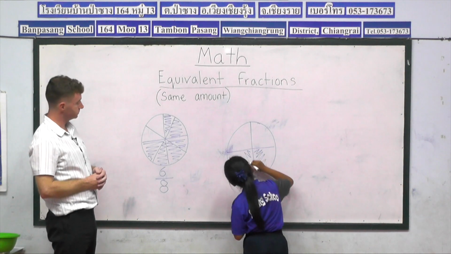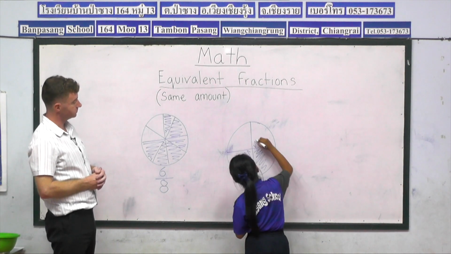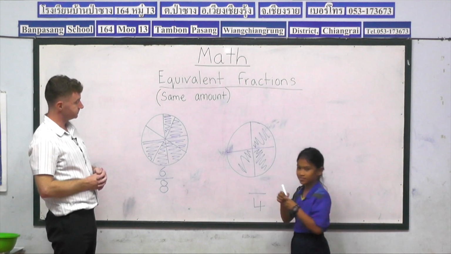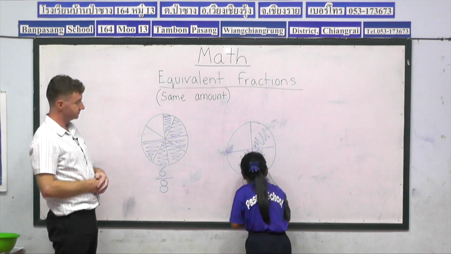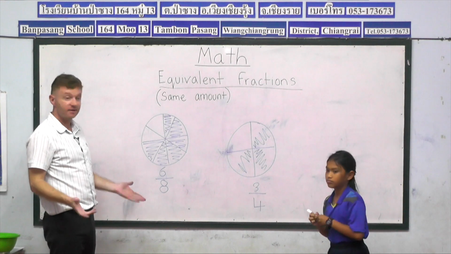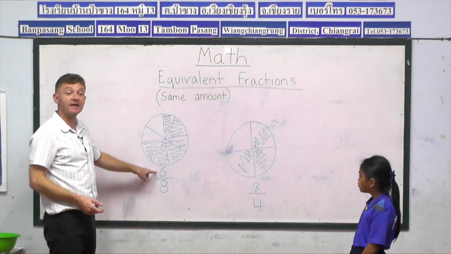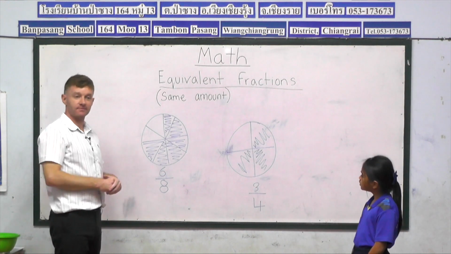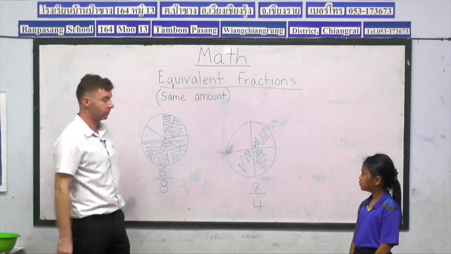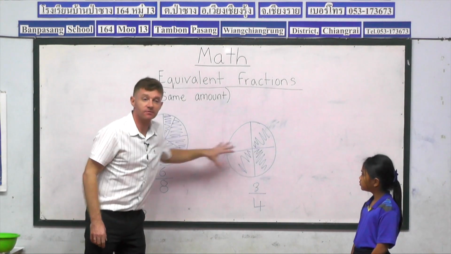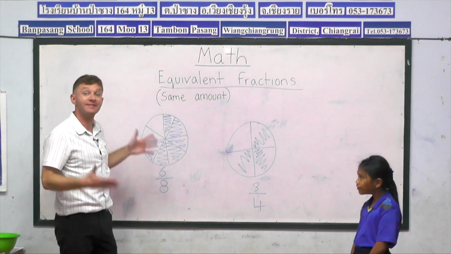1, 2, 3. And don't forget our numerator. You see? Here we have 6/8. And here we have 3/4. But are the amounts different? No, they're the same.